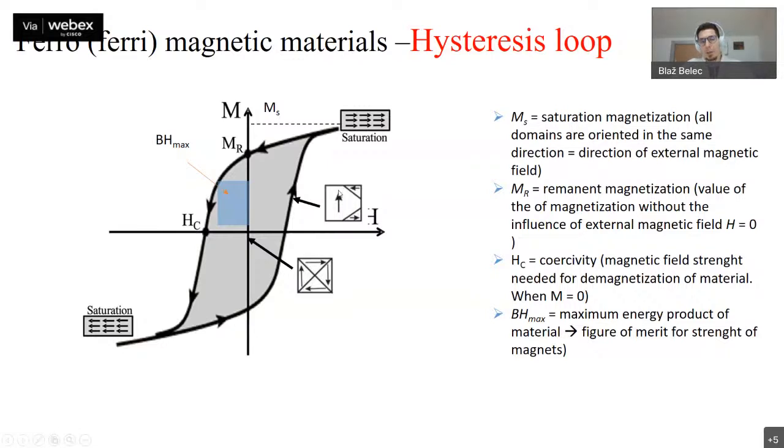We also see that the domain walls start to decrease, and at some point all the magnetic moments in the material, in all the domains, are pointing in the same direction. So we reach the maximum magnetization, the saturation magnetization of the material.